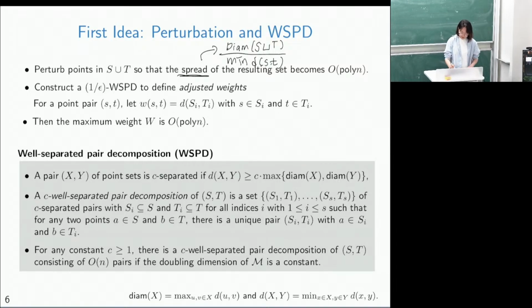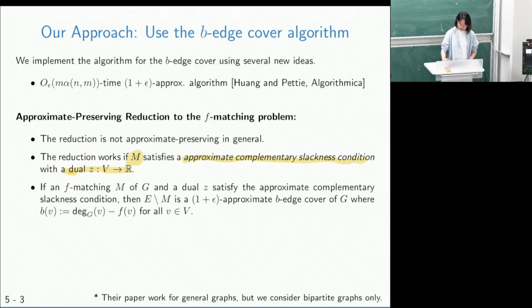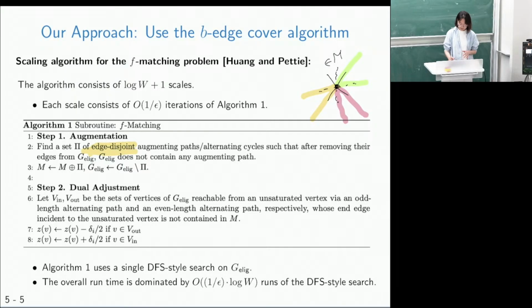Then if it becomes polynomial in n, then W becomes a value polynomial in n. Then this becomes log n. So now we have log n scales, and we have order 1 over epsilon iterations.